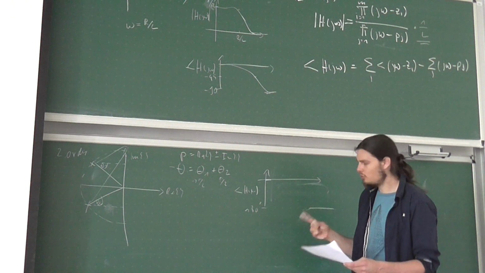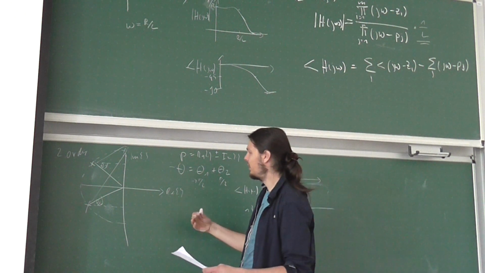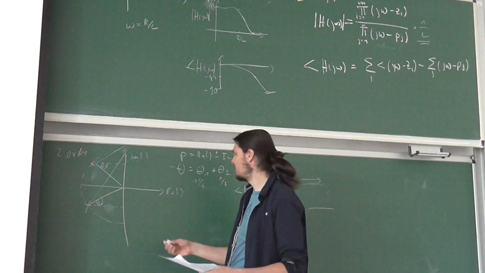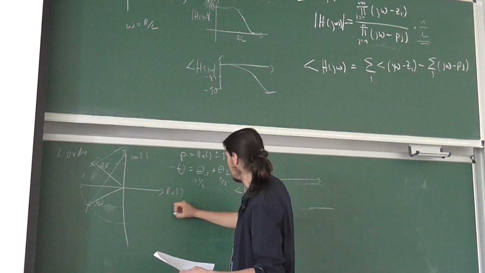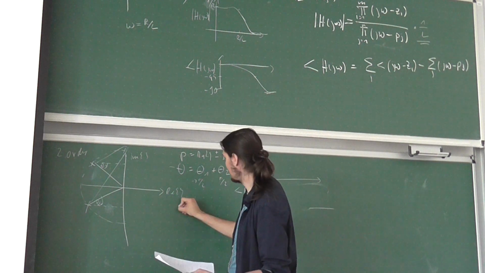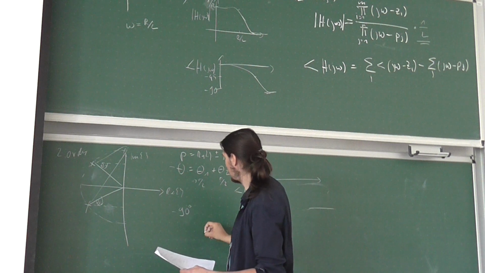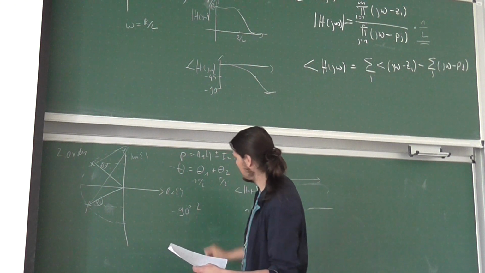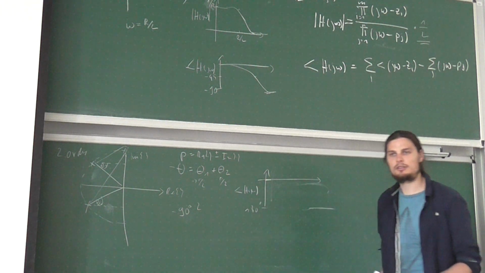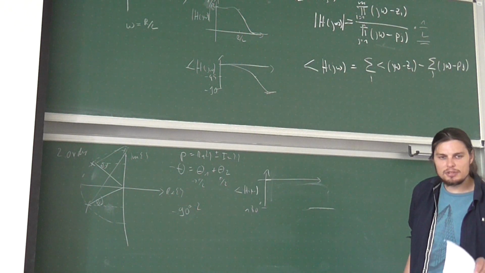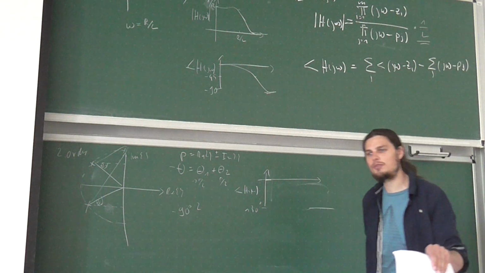Okay, and they have the same break frequency, right? Because they're complex conjugate. But where does it happen? Where does it happen for the angles at break frequency? We know that we have 90 degrees. But where does this happen? And I give you a little tip in one of the slides that I gave you.